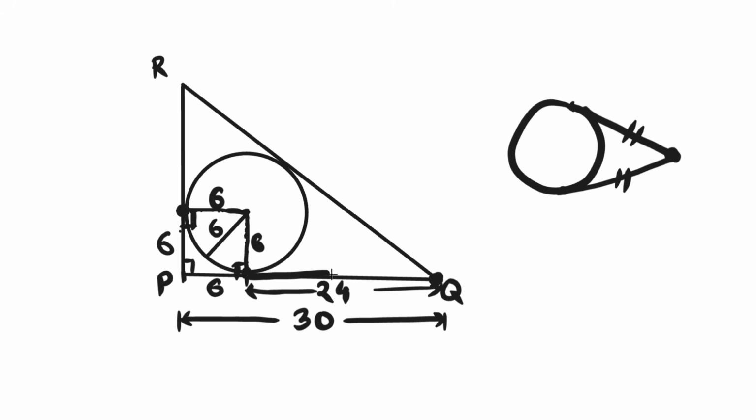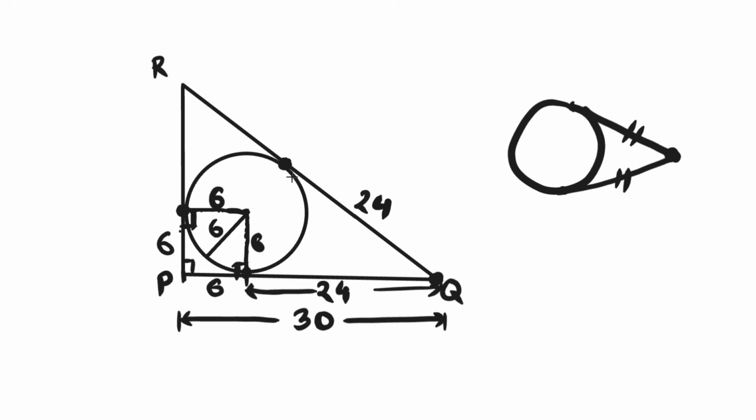One tangent segment from Q runs along the base toward the circle, and that segment is 24 units long. The other tangent segment from Q runs along the hypotenuse toward the circle. Because these 2 tangent segments come from the same external point Q, they must have equal lengths. So the tangent portion along the hypotenuse is also 24 units.